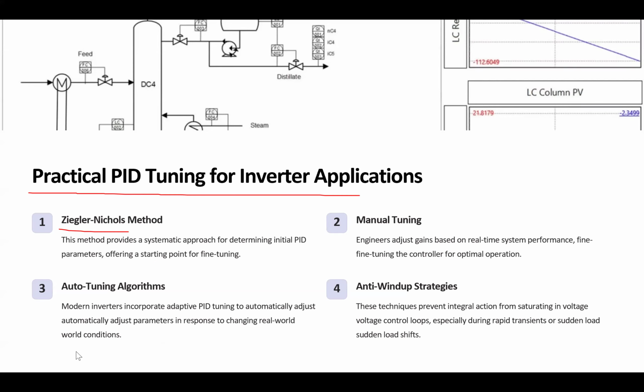There is an auto-tuning algorithm, which automatically adjusts the influence weights of the proportional, integral, and differential terms in the PID. There is manual tuning, where you see the performance, change the value, and check the performance again. If it's better, that means you did it right.